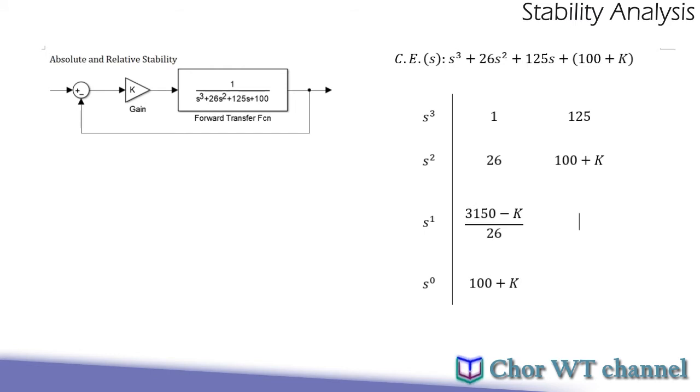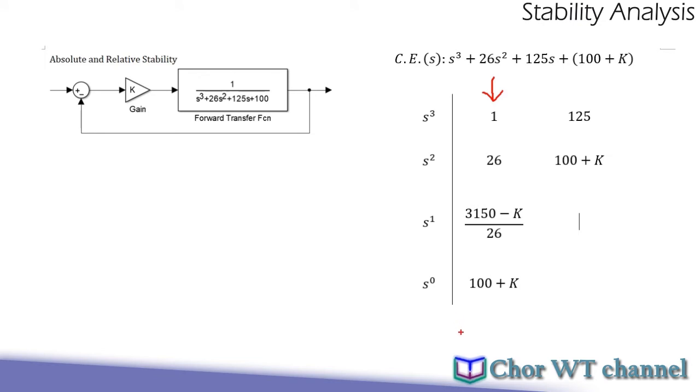To evaluate the stability of the system using the Routh table, we have to observe the first column here. In this case, we are only interested in finding the marginal stability, because if we can find it, we will be able to evaluate the stability of the system.